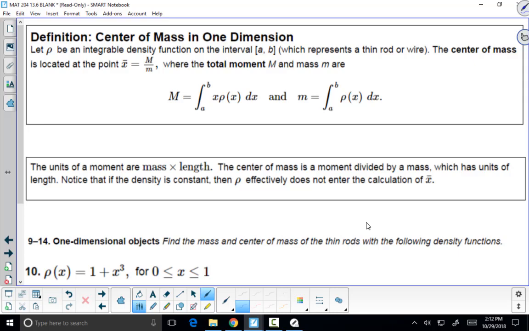So density multiplied by distance is mass. Maybe it's better to think of it as density times distance giving you mass, and then the x is representing the distance to your fulcrum, or the point that you're trying to find the moment about.